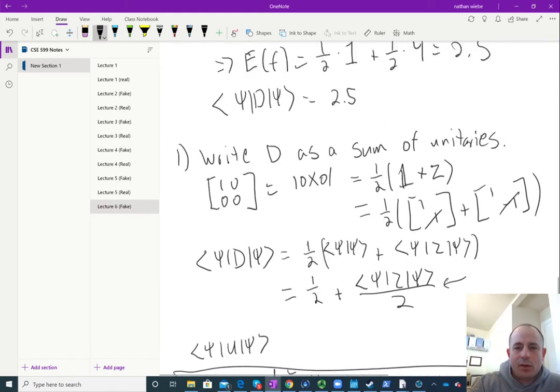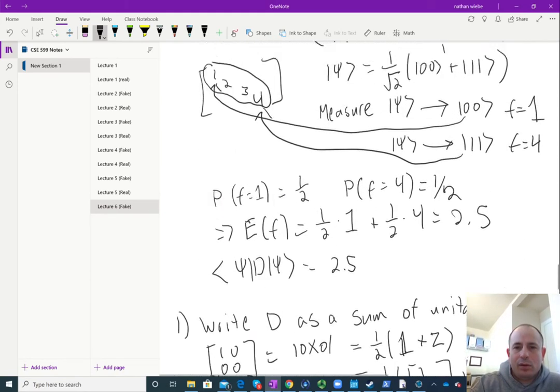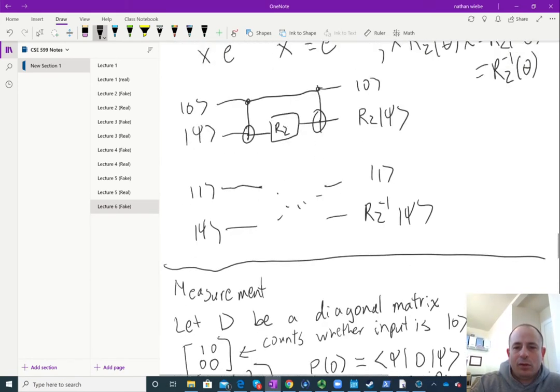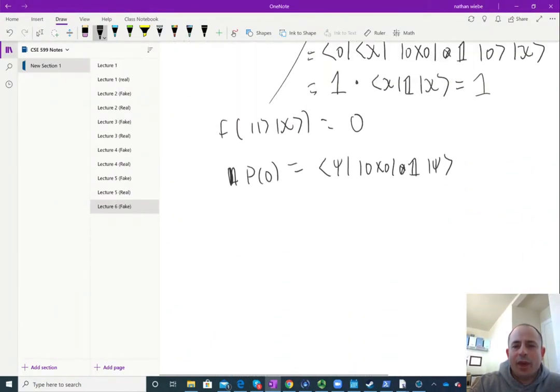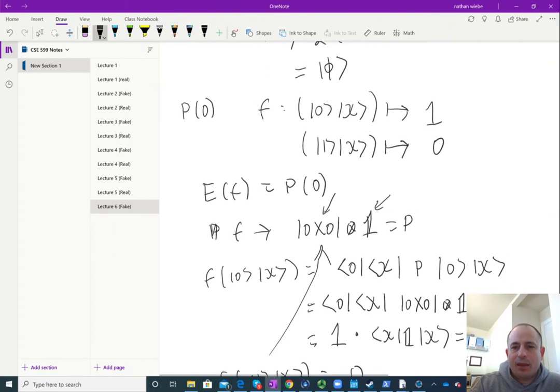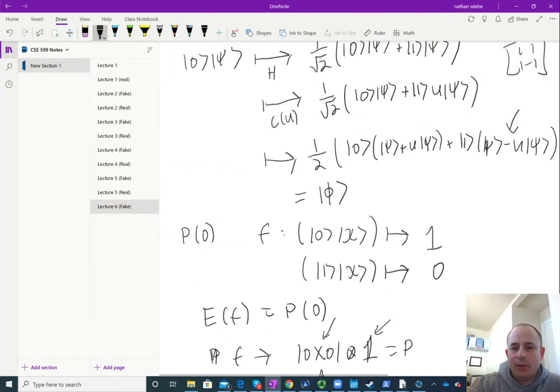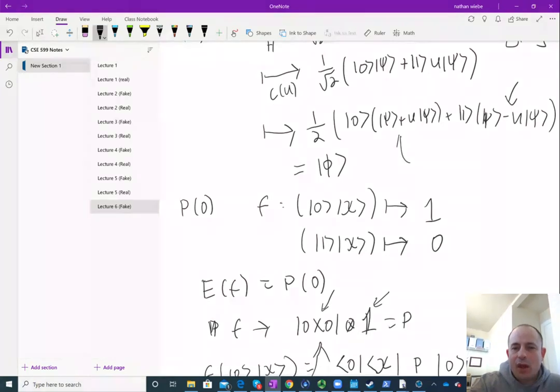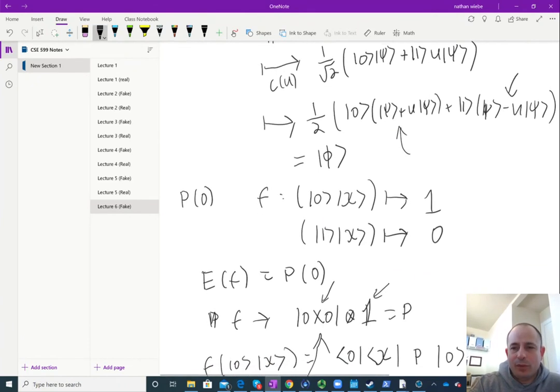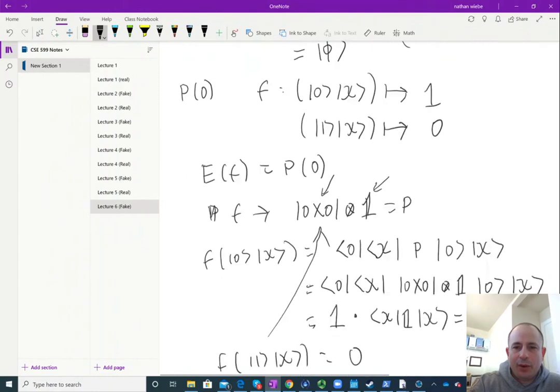Okay. So that's how we do that. And now that we've got that, we can use this substitution plus that form in order to figure out what the probability of 0 is.